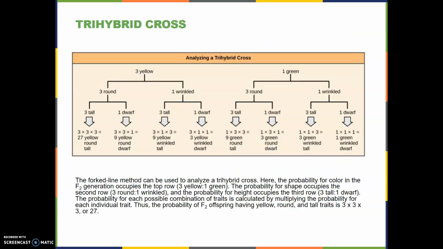All right, a trihybrid cross. We can analyze one, but I will never ask you to do one. In a trihybrid cross, you're looking at 3 traits at one time. And analyzing a trihybrid cross, you try to analyze each trait separately. So we have 3 yellow and 1 green seed.